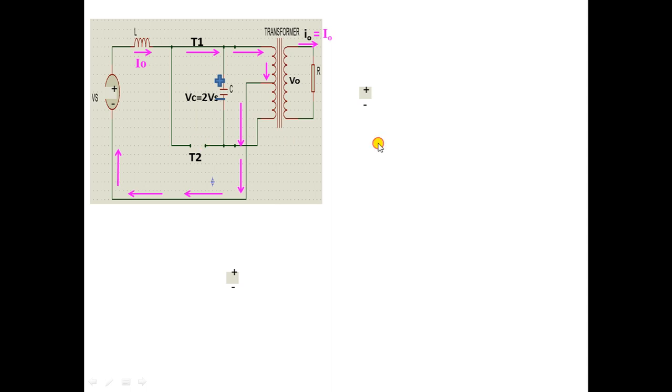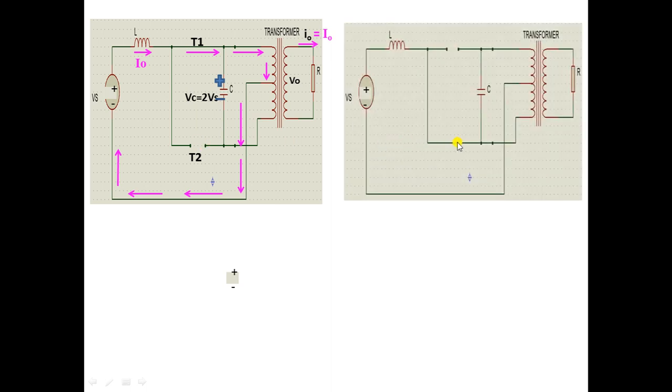So in mode 2, T2 is turned on by giving a proper gate trigger pulse at its gate terminal. So T2 is turned on. And you see here, positive plate will appear across the cathode of T1, and because this is on, the negative plate here will appear across the anode of T1.